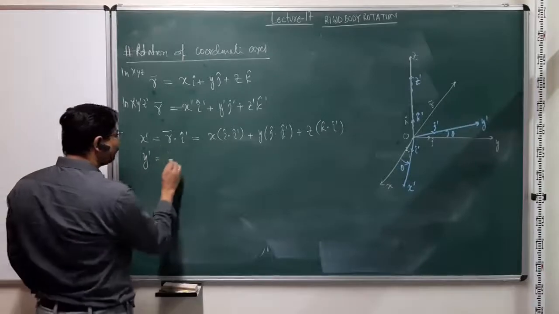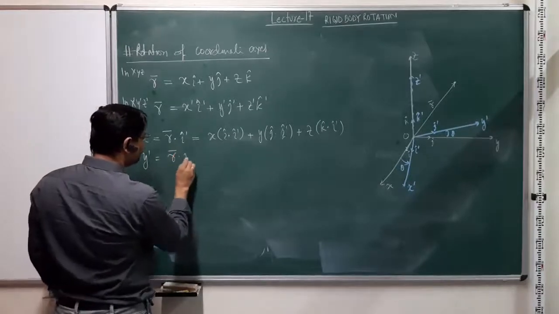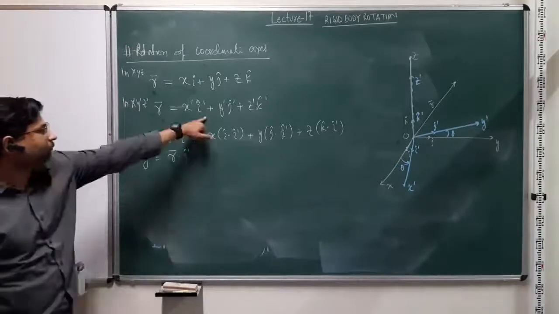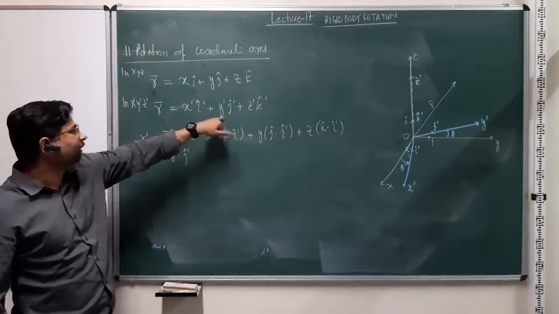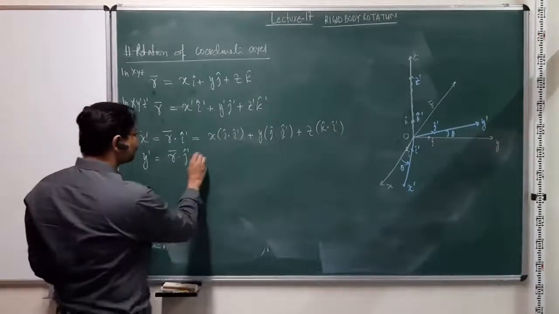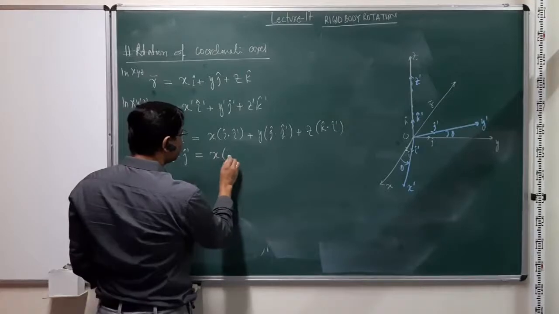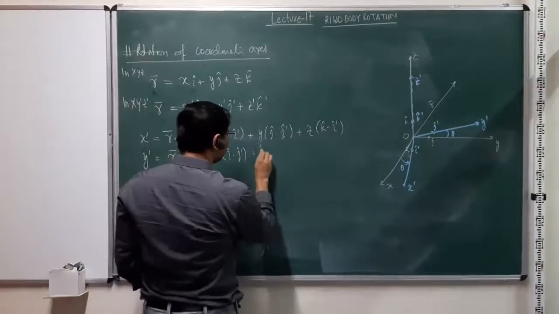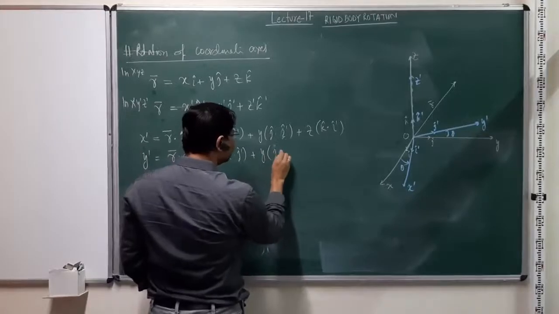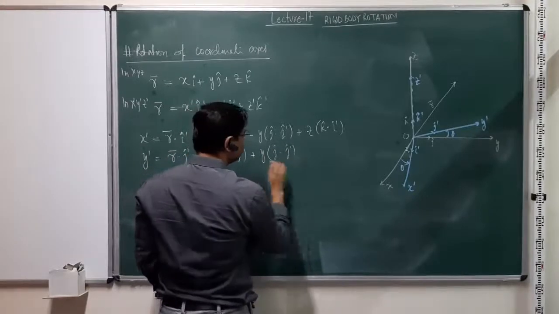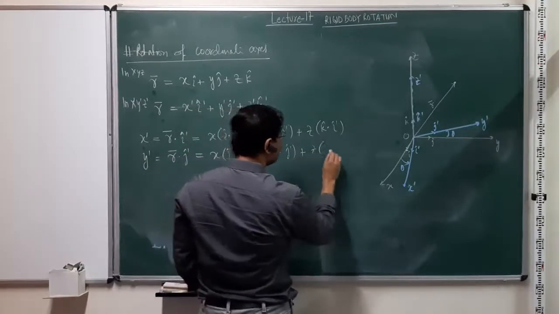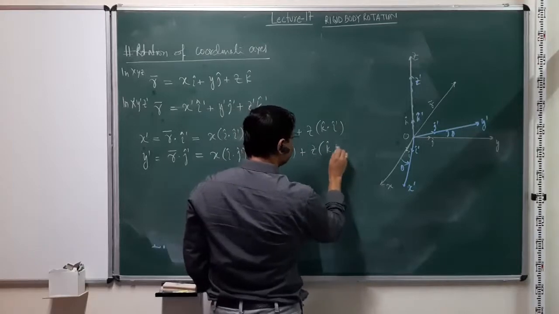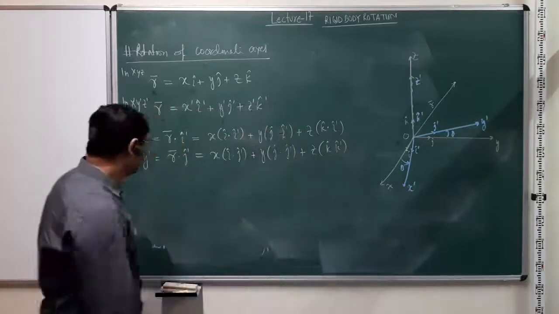Similarly, y prime can be obtained as r dot j cap prime. Right? If we take dot product with j cap prime, only this will remain. These two will go to 0, and this will be then x I cap dot j cap prime plus y j cap dot j cap prime plus z k cap dot j cap prime.